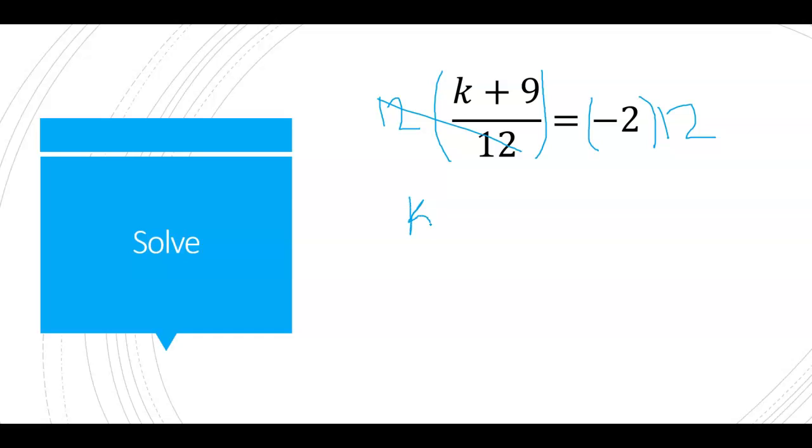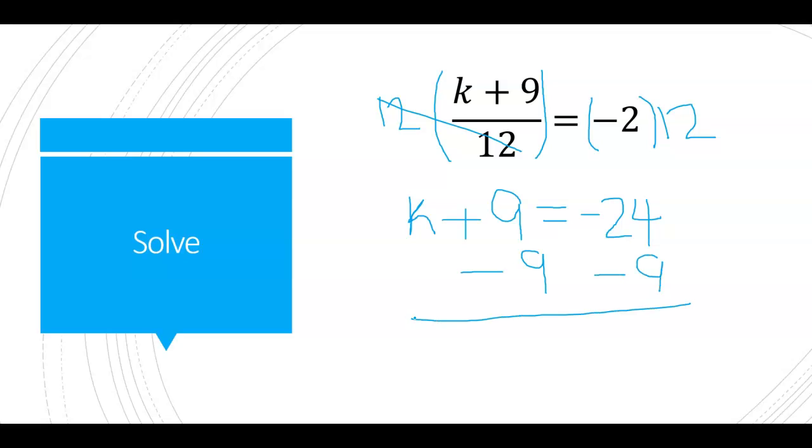Now I can move the 9. Negative 2 times 12 is negative 24. Subtract 9 from both sides, and we get k equals negative 24 minus 9.